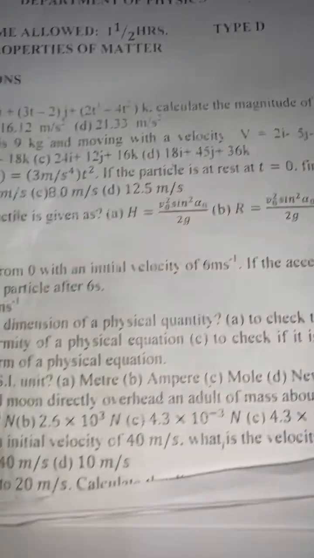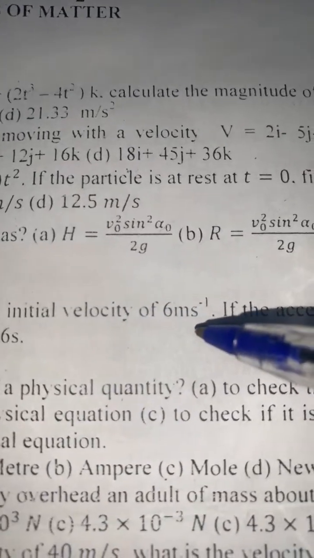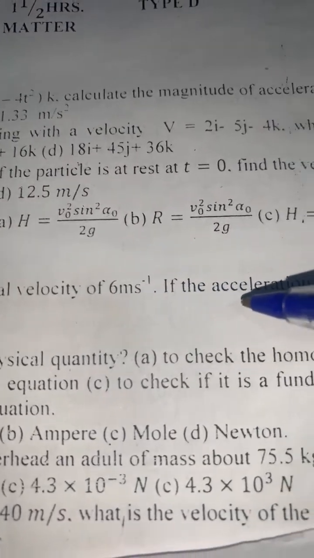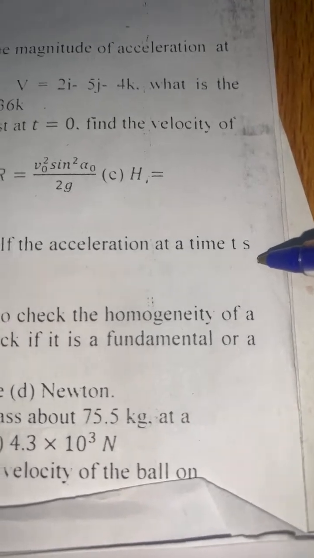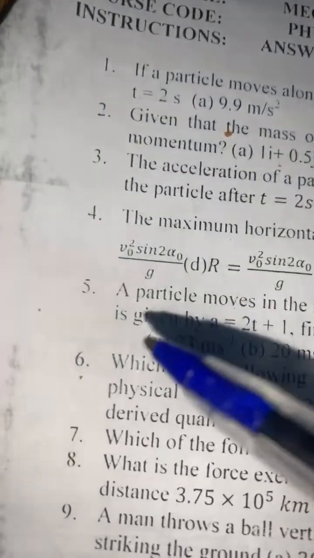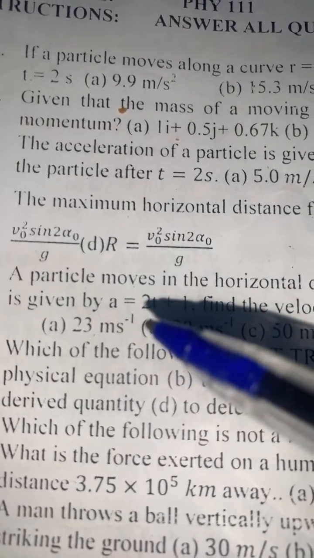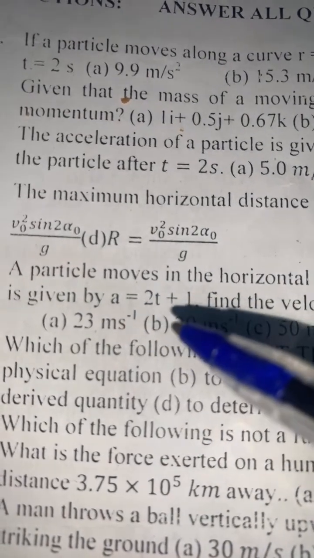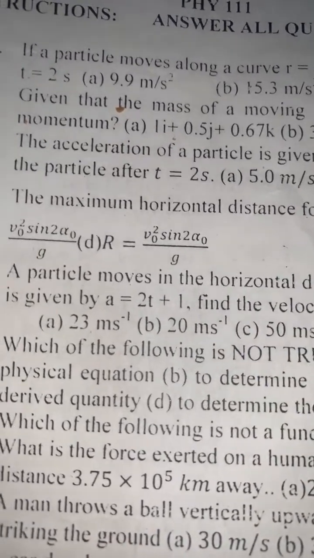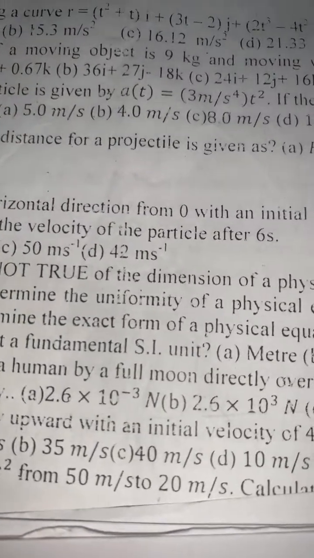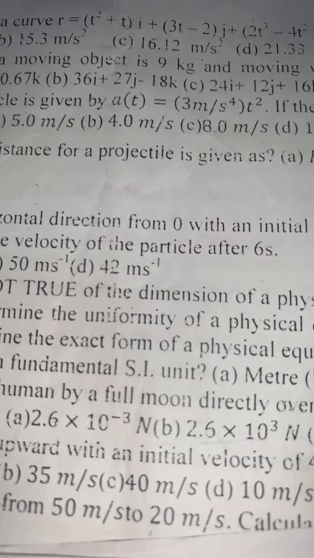So let's continue what we are doing. We have the initial velocity of 6 meters per second. If the acceleration at time t seconds is given by a equal to 2t plus 1, find the velocity of the particle after 6 seconds. Have you taken note of everything I've dictated?